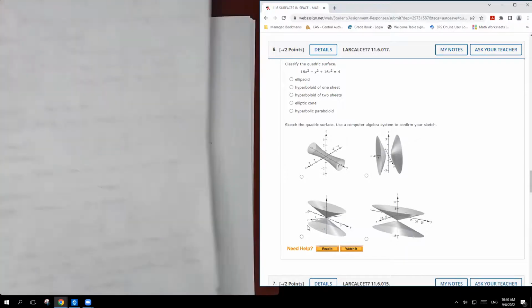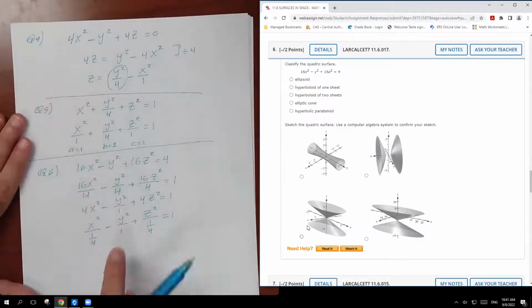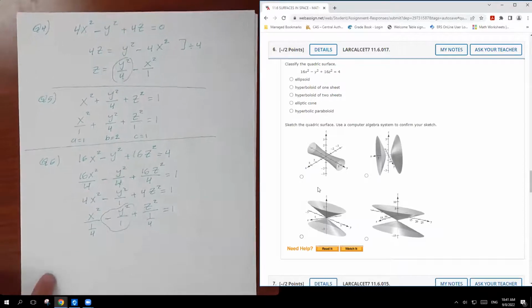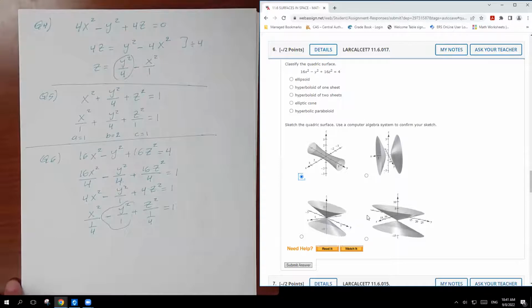So on this one, I know it's a hyperboloid of one sheet, and it's going to be a cylinder along the y coordinate, because that is the negative term. So we're going to choose the cylinder on the y coordinate. If there is another cylinder among these choices, you have to make sure.